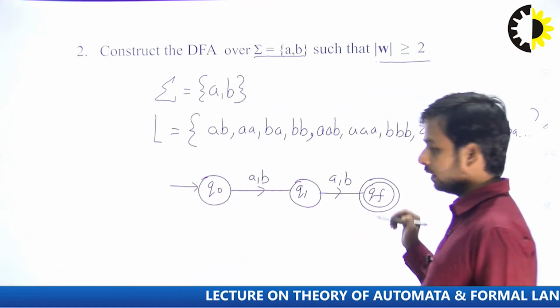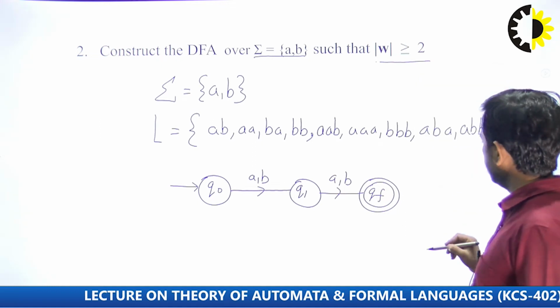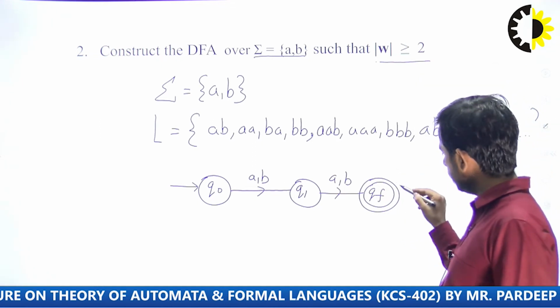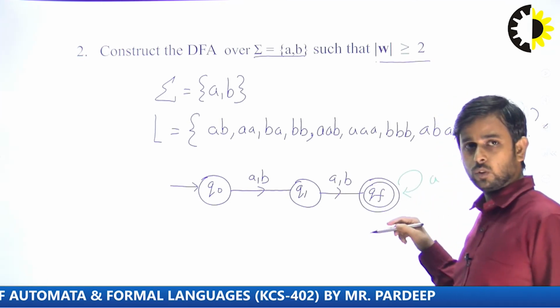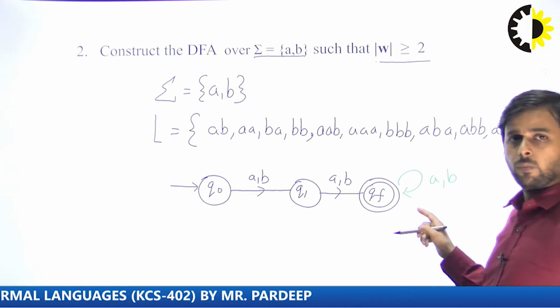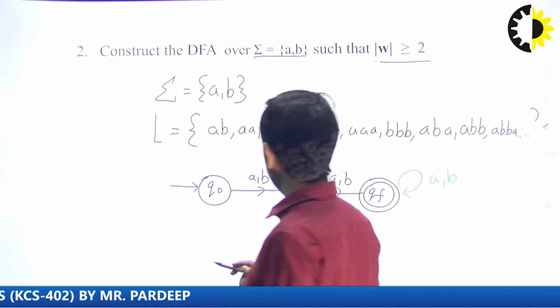Here the transition is not defined. So if there is a transition to itself only, at A it goes to QF only, and at B also it goes to QF only. Then it will accept all the strings of length greater than or equal to 2.